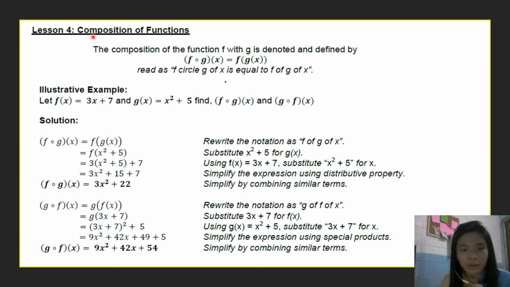So, we move on to the next objective, which is the composition of functions, or the next lesson, which is the composition of functions. So, the composition of function f with g is denoted and defined by f circle g of x, which is also equal to f of g of x.